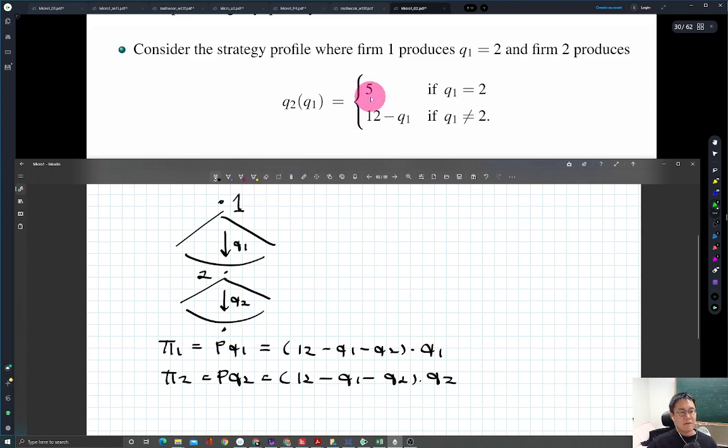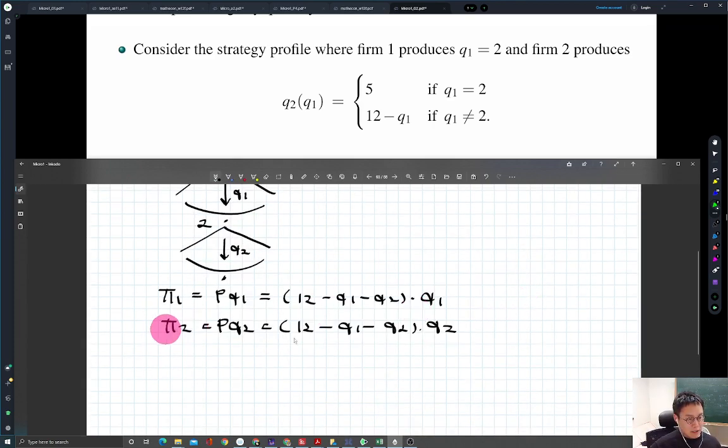Producing 5 units in response to 2 units is the best response for firm 2. That is easy, because if Q1 is 2, then firm 2's profit function becomes (10 minus Q2) times Q2.